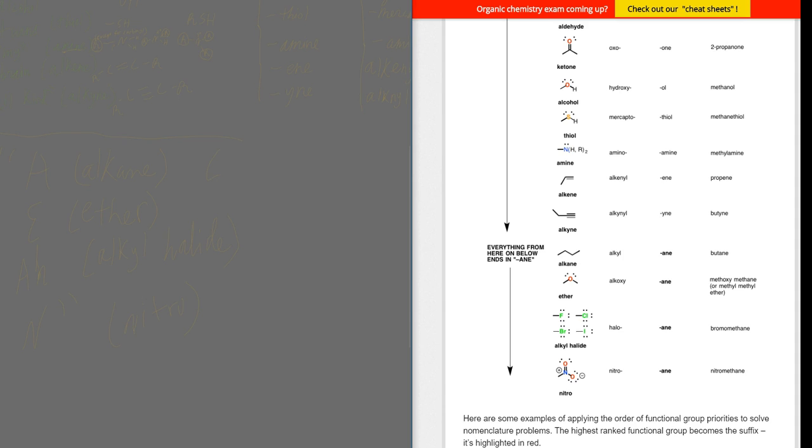Alkane, basically carbon, single bonded. This is basically R, just single bond, sandwiched between two others. Carbon. Let me just put it like this.